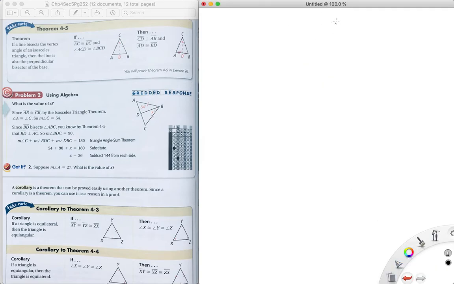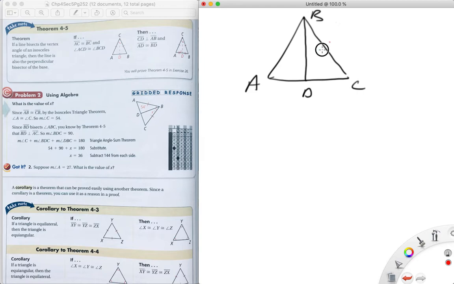So we have a scenario here. I'm told ABC, so it's A, B, C, and then D. I'm told that these two guys are the same, and I'm told that these two guys are the same.